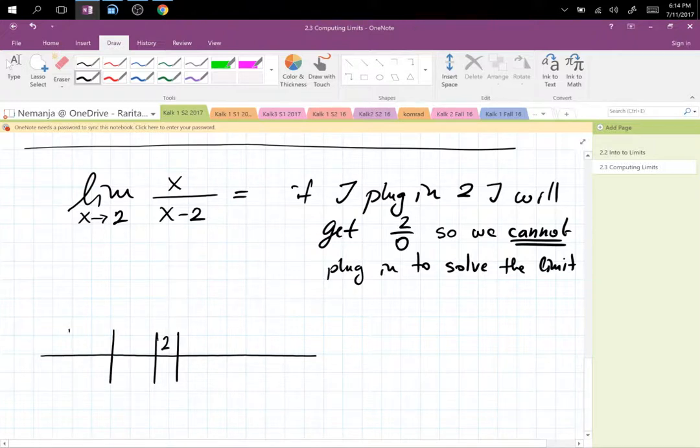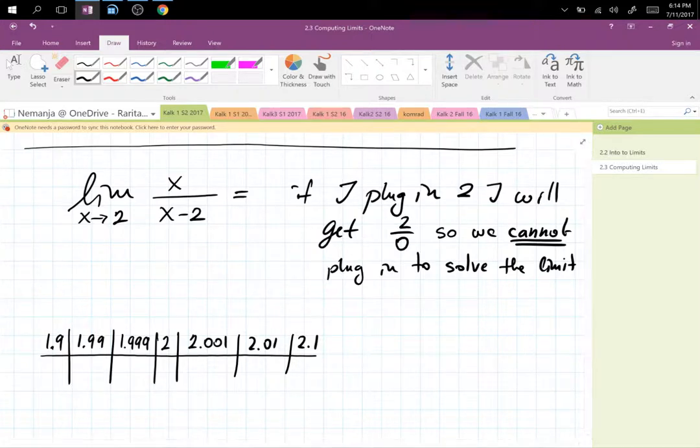So we know our usual suspects over here: 1.9, 1.99, and 1.999, then 2.001, 2.01, and 2.1. And now it's time for you to compute this.